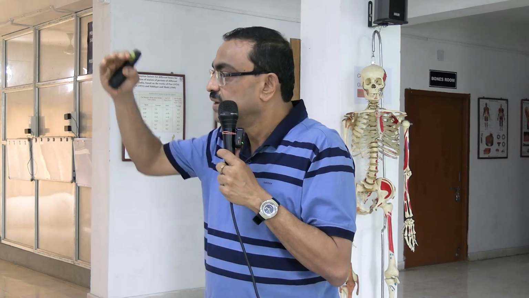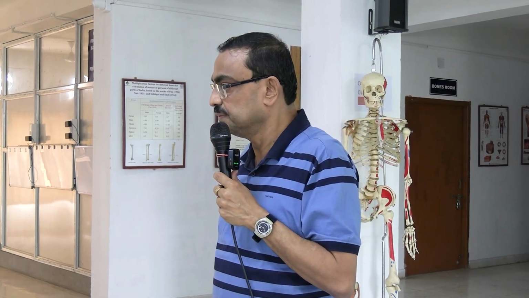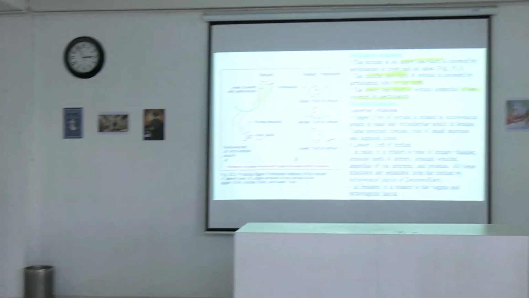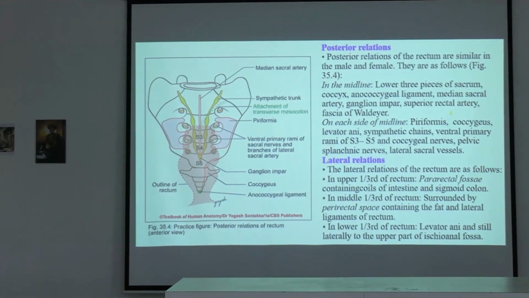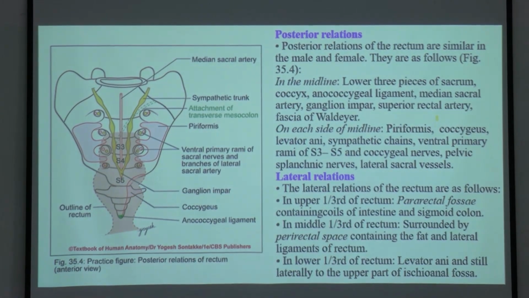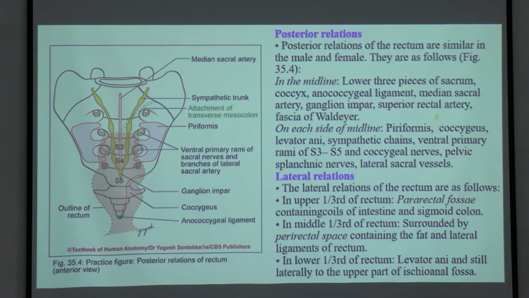The middle 1/3 is wrapped with peritoneum just on the front side, and lower 1/3 does not have any peritoneal covering. Okay. Now this is showing all these structures. There is median sacral artery, iliolumbar arteries, sympathetic trunk and everything.